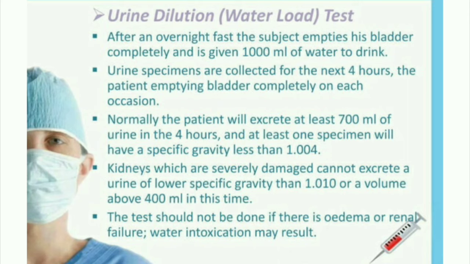Kidneys which are severely damaged cannot excrete a urine of lower specific gravity than 1.010 or a volume above 400 milliliter in this time. The test should not be done if there is edema or renal failure, as water intoxication may result.